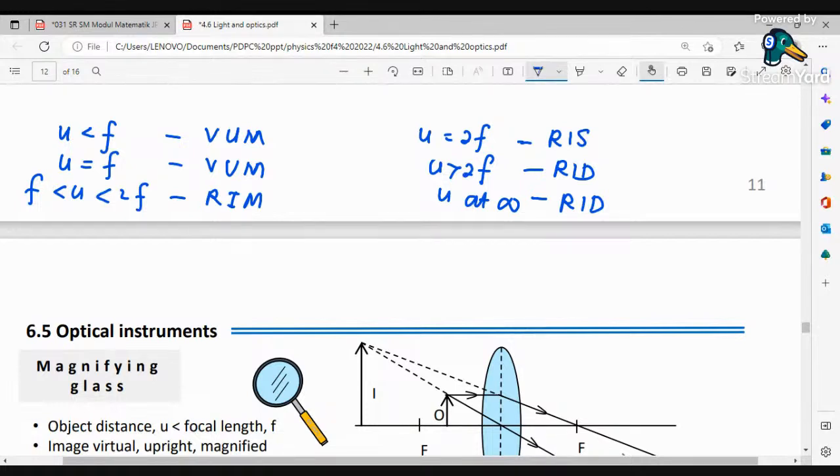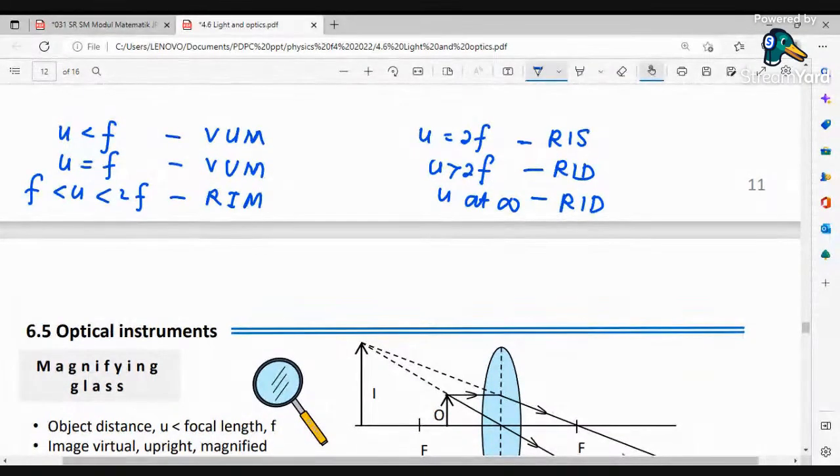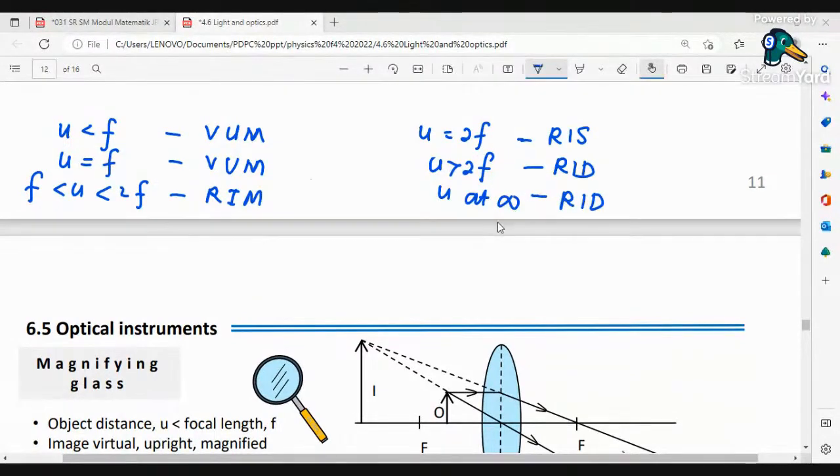For a convex lens, when the object distance is less than the focal length, you get virtual, upright, magnified.